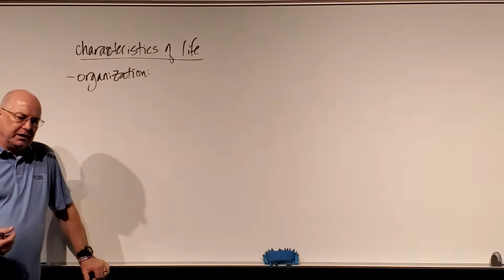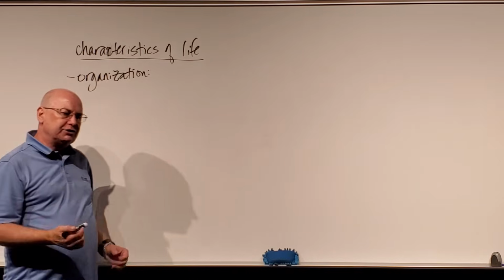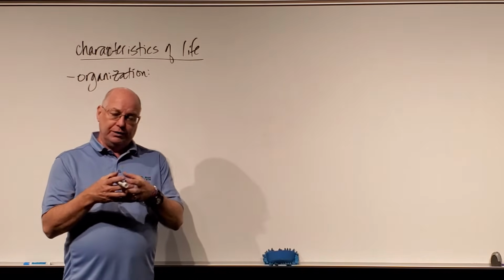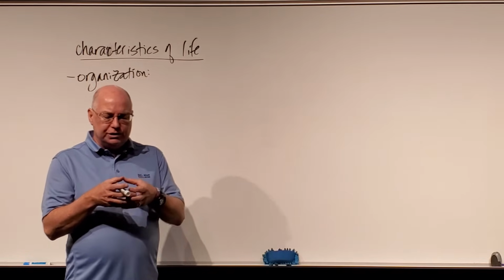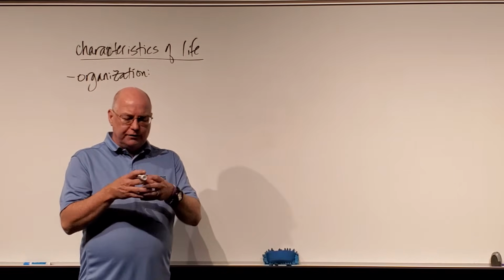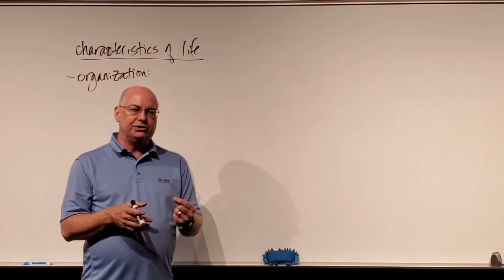It's not that. It's a very organized situation. So living things are comprised of cells. And we know that all living things are comprised of cells, and cells are the smallest living subunits of an organism. And some organisms are so simple that they're a single cell.